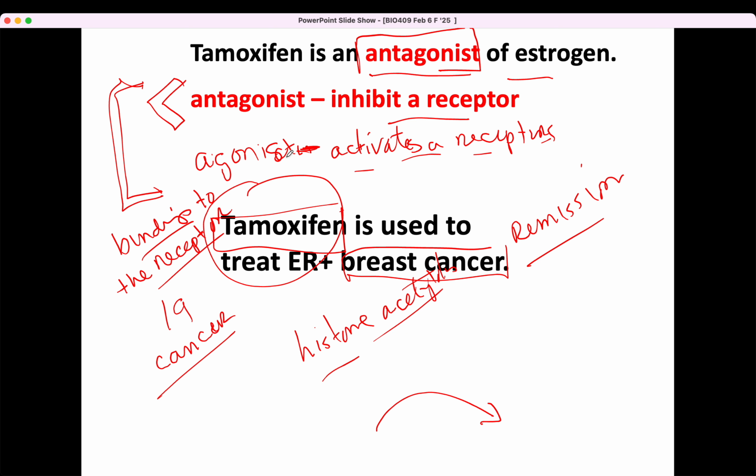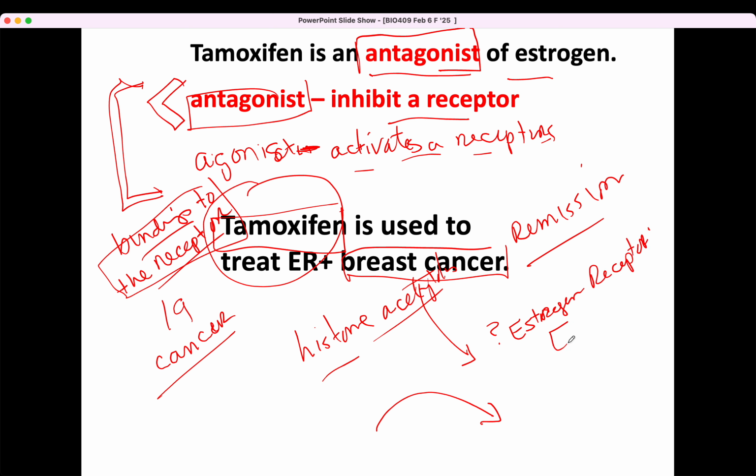Okay, so tamoxifen is an antagonist. It binds directly to the receptor. So when any person has breast cancer, they check to see if the person is expressing the estrogen receptor protein. That's ER.